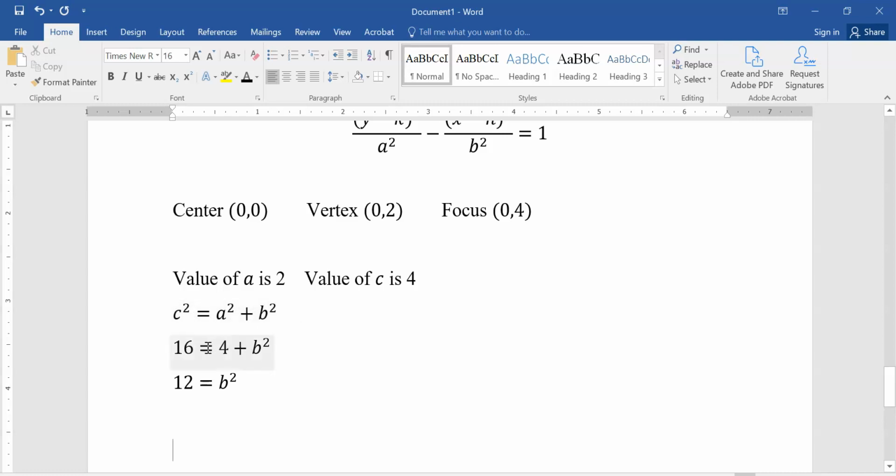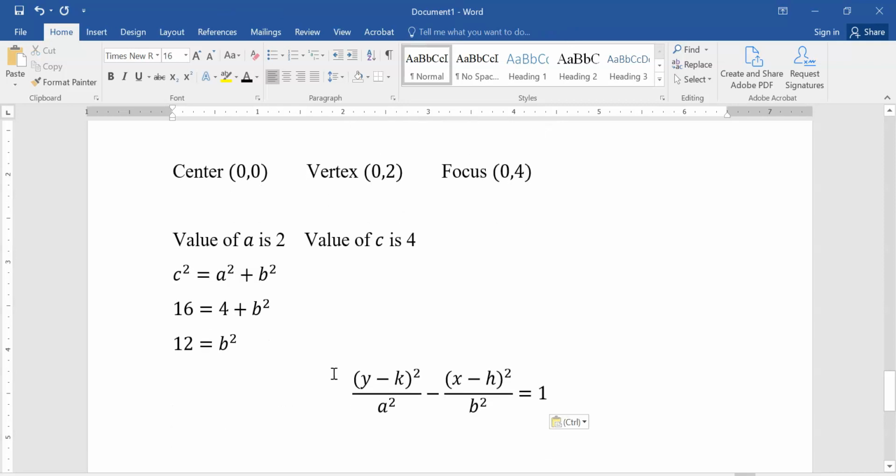So I just said c is 4, so c squared is 16. I said a is 2, so a squared is 4. b I don't know yet, but I can solve this real simple equation and say, well, b squared has to be 12. So I get this formula.